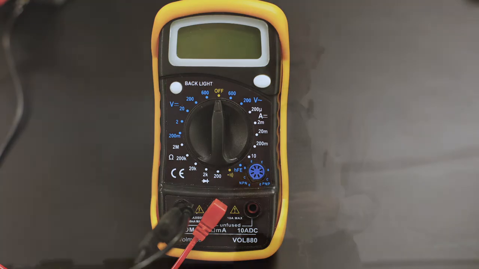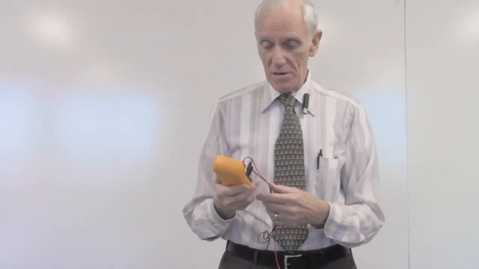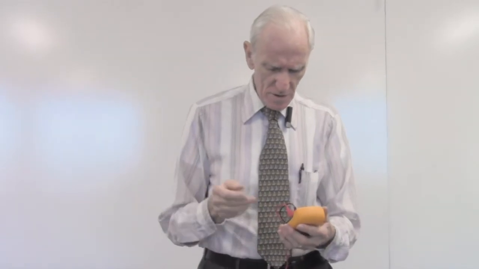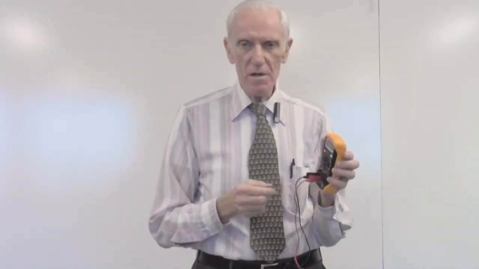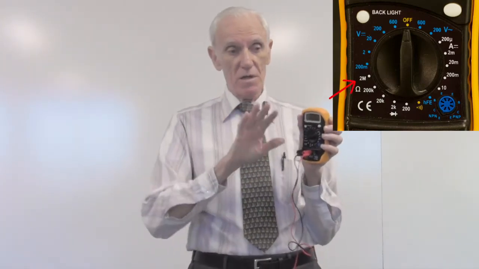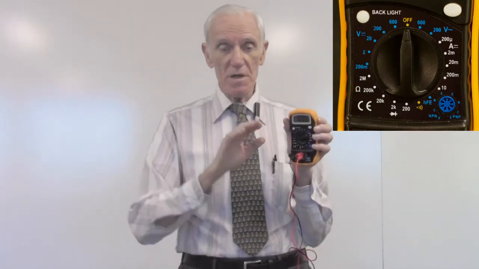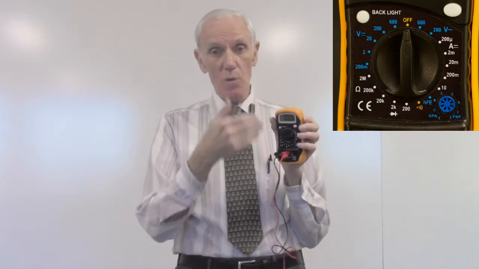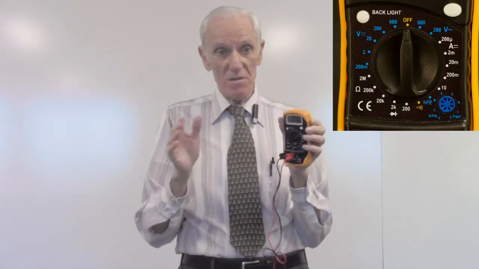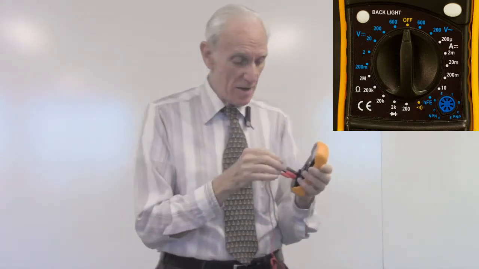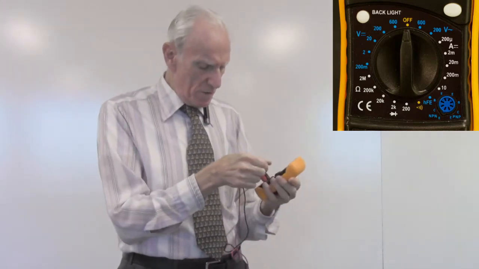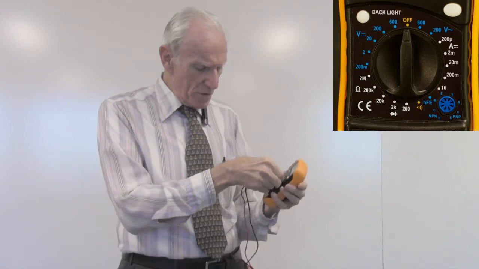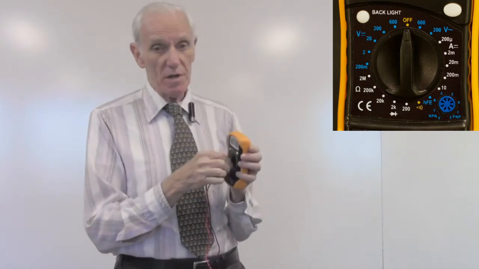But this is, again, a multimeter, and it has decade scales. For instance, if you want to measure resistance, it has scales up to 2 million, which means you can measure anything below 2 million. Anything above 2 million, you'll get a 1 on the screen which says it's too high, I can't measure it. So up to 2 million, up to 200,000, up to 20,000, up to 2,000, and up to 200.